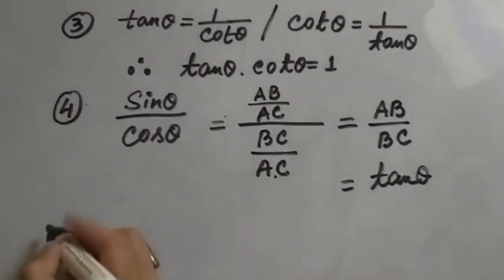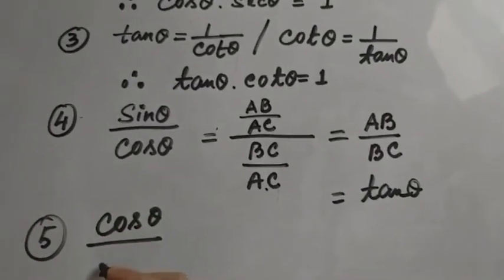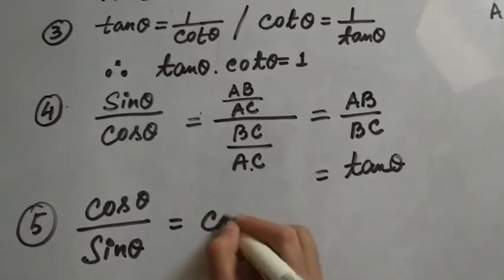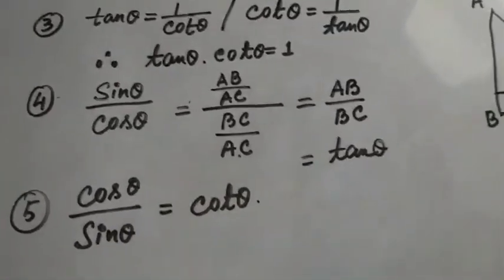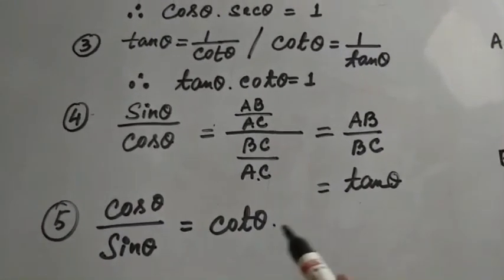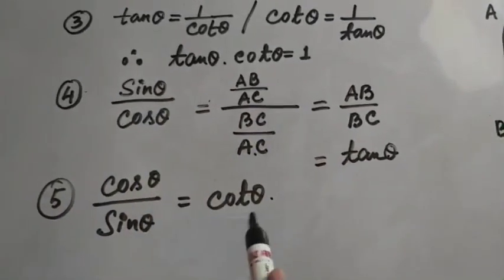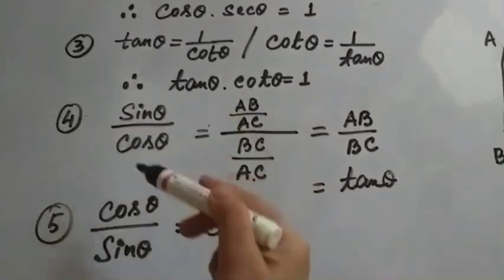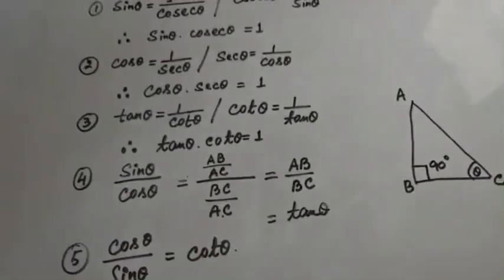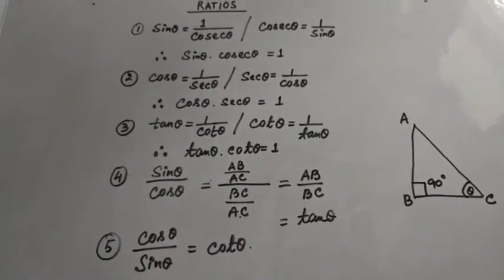Similarly, cos theta divided by sin theta equals cot theta. Why? Because tan theta and cot theta are reciprocals of each other. So if tan theta is sin theta by cos theta, then obviously cot theta will be the reverse, that means cos theta by sin theta. So you have to remember these relations between the trigonometric ratios.